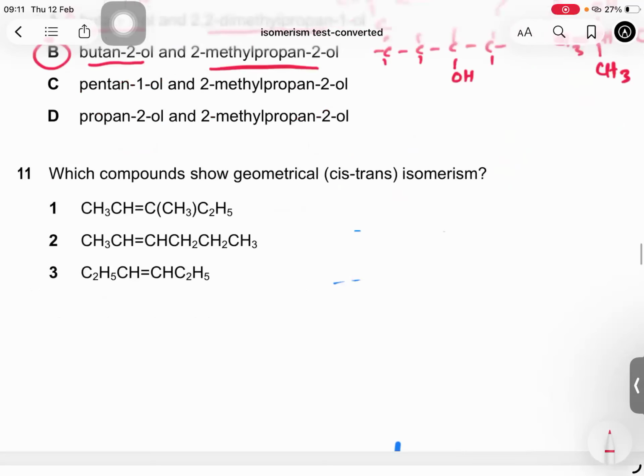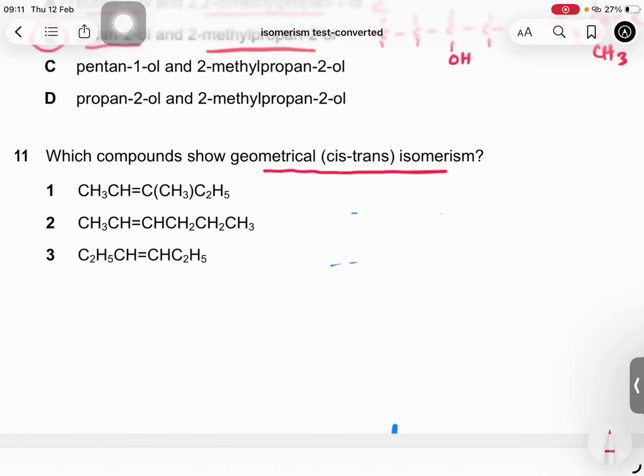Which compound shows geometric or cis-trans isomerism? You remember the conditions for cis-trans? They should have a carbon-carbon double bond, and then they should have 2 different groups attached. Number 1 को अगर आप draw करें, there is a carbon-carbon double bond, और first carbon के साथ क्या-क्या attach है? CH3 and H. और दूसरे के साथ क्या attach है?